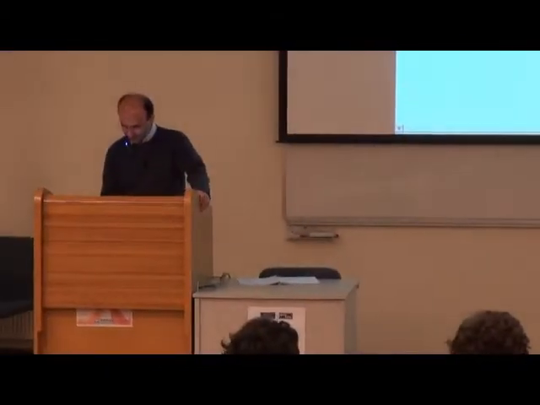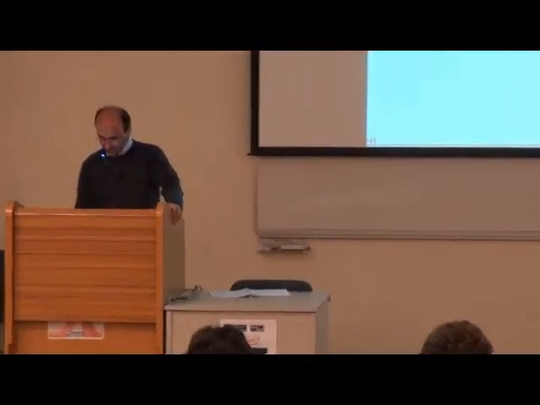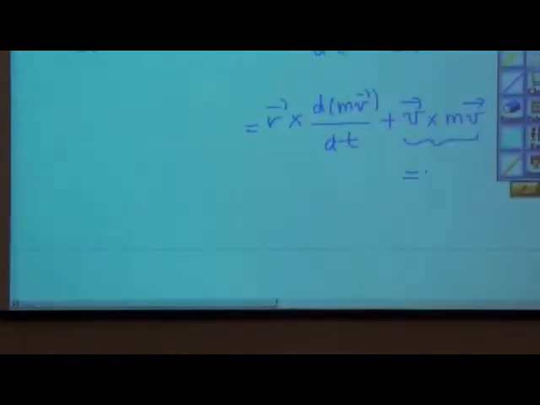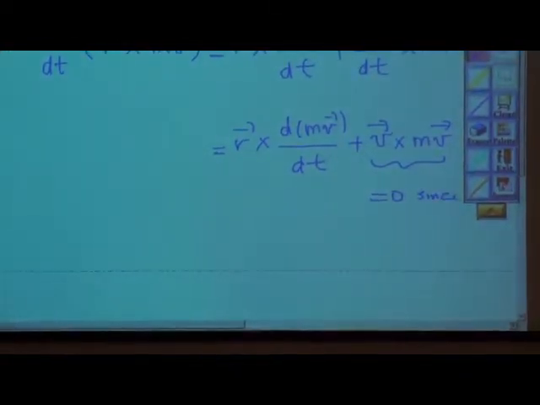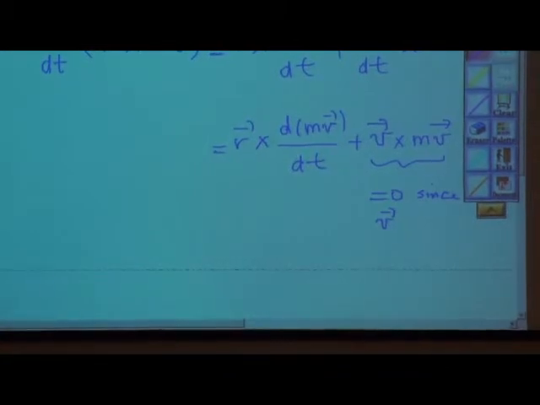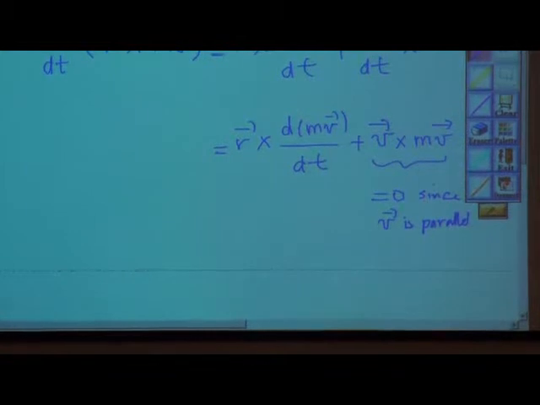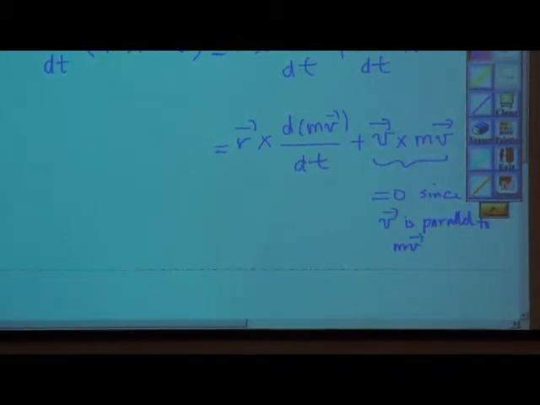And that will make a simple answer for us, because it is 0 since the vector v is parallel to m times v.